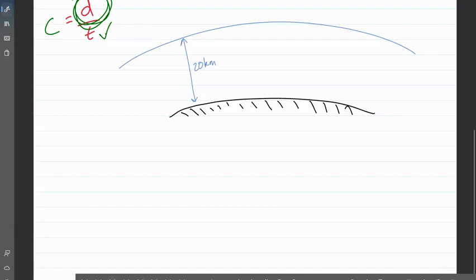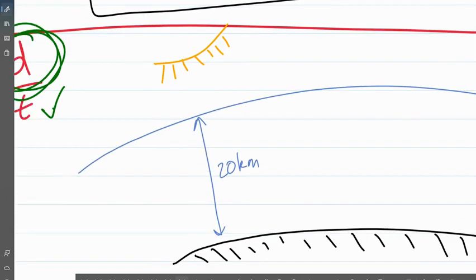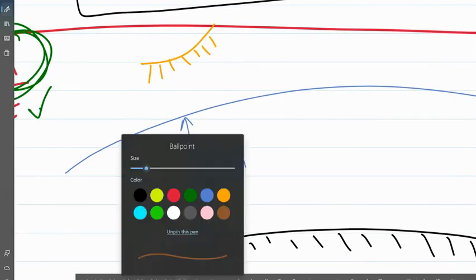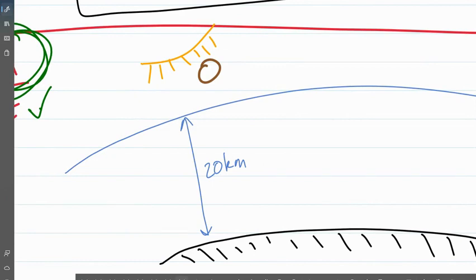The sun emits particles, and if you've watched the video on the standard model of particle physics, there are some particles called muons.